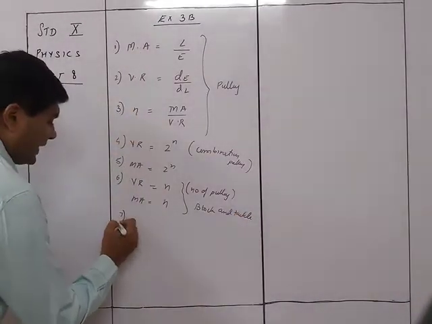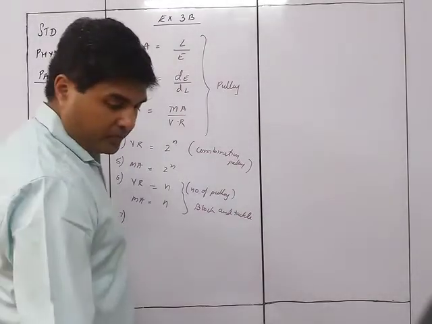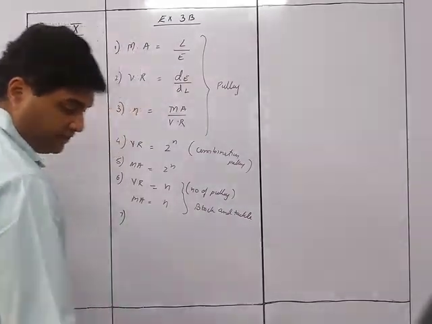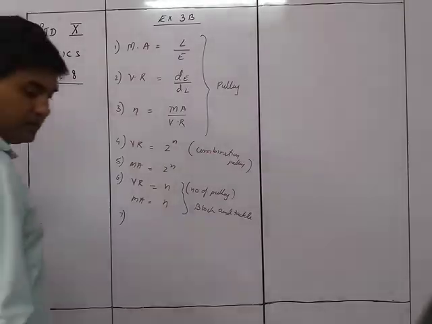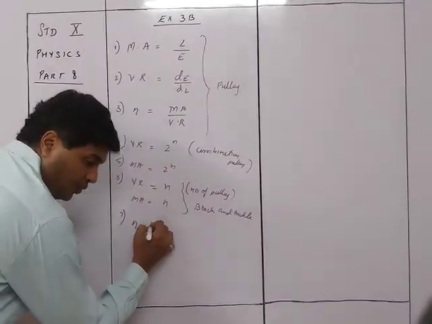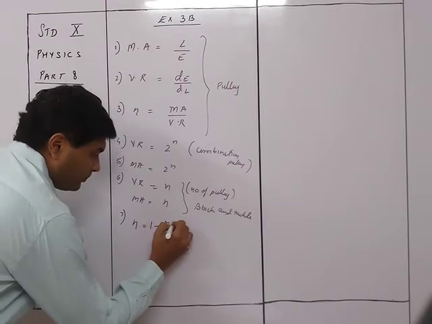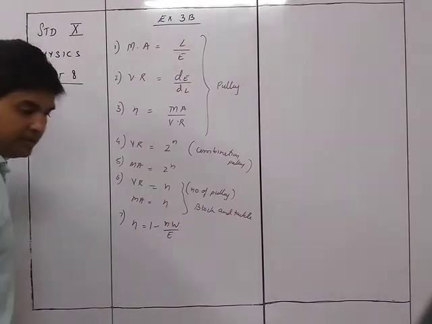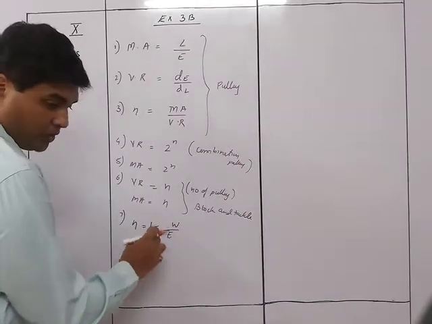And the last one, they normally don't ask, but if at all they ask, then when we consider W, the efficiency is equal to 1 minus W upon NE.